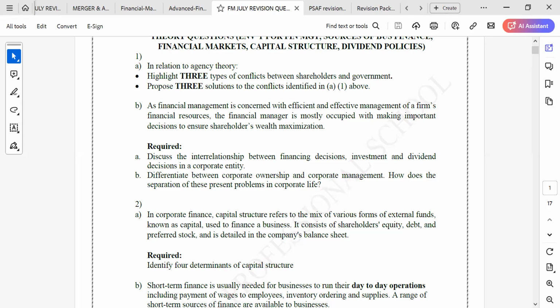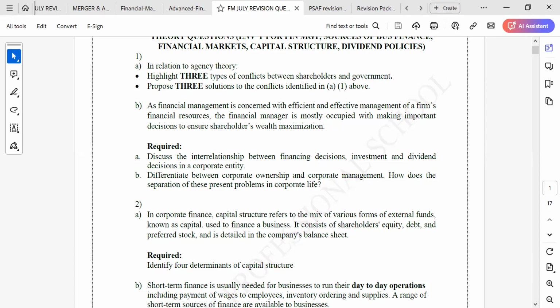And corporate management deals with the running of an entity, running the day-to-day operations of an entity.